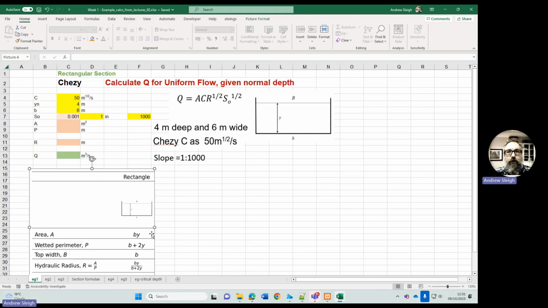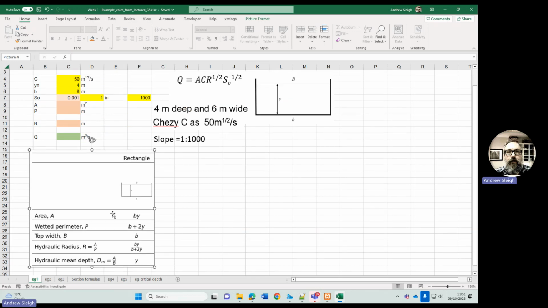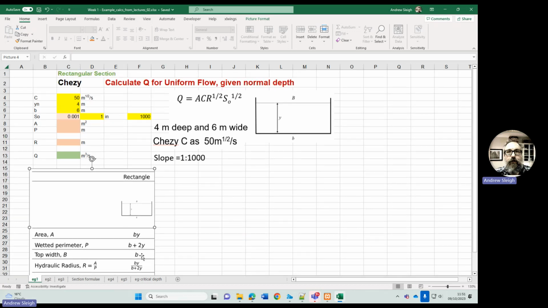I'll always try to put in the formulae that you're going to type in, because Excel is a bit complicated, easy to enter numbers in, easy to get it wrong. So I'll put the formulas so that we can recall them easily, and we'll try and do calculations where we can check other parts of the calculation.